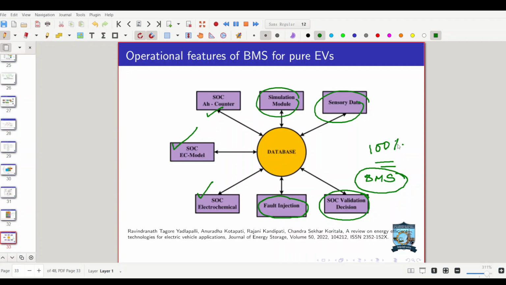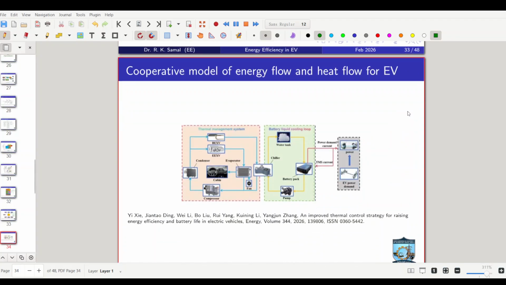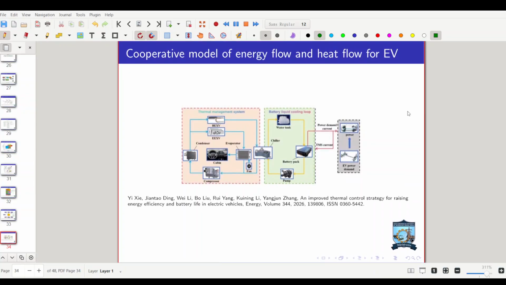Sometimes the charge shows 100% even if the charge has reduced to 95%. So this is one area of improvement that is expected to be made in future vehicles. So this is one model for heat flow, and the heat flow is very important.